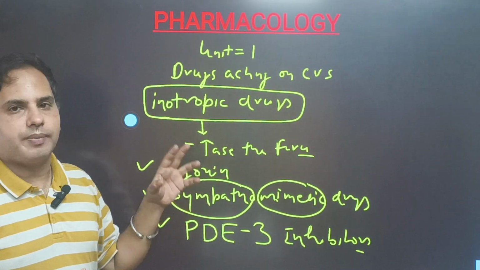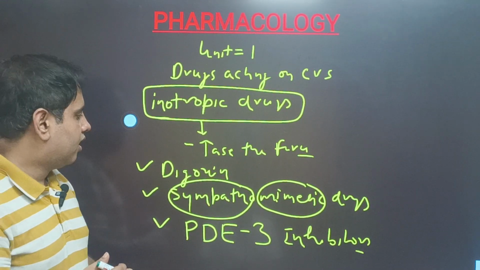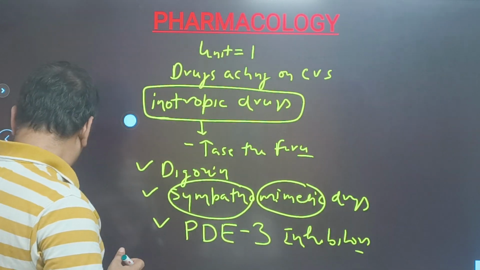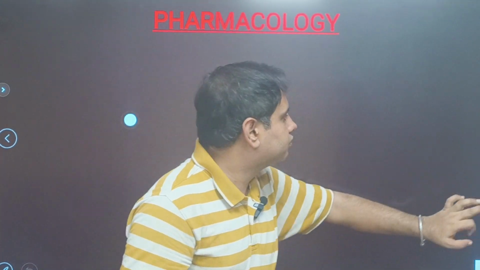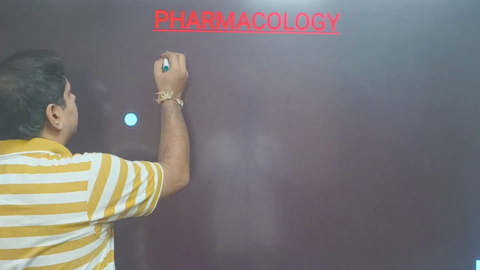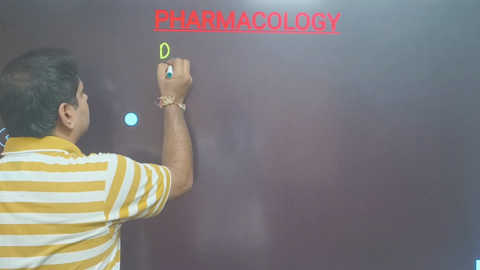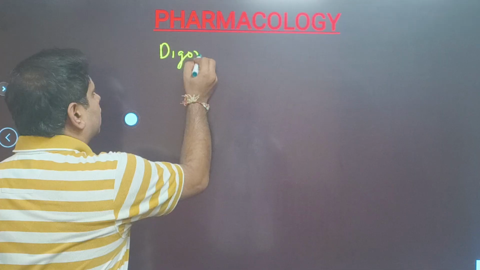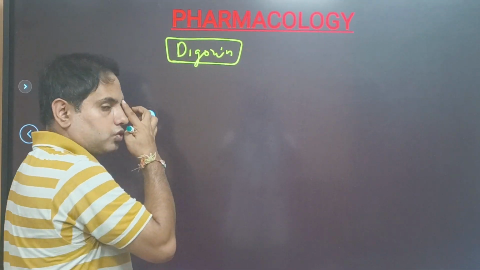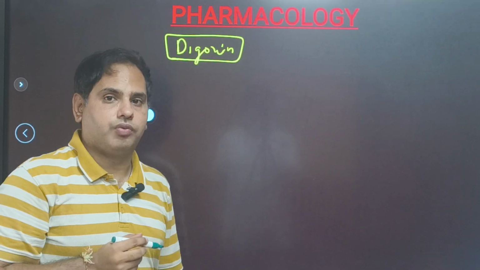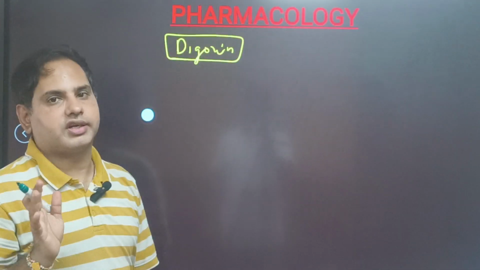What is the mechanism of action of digoxin? Now we are going to discuss digoxin in a little bit more detail. Digoxin is a well-known drug which increases the force of contraction of the ventricle. The problem with digoxin is that it's not a safe drug.